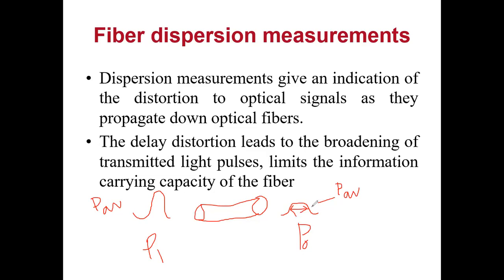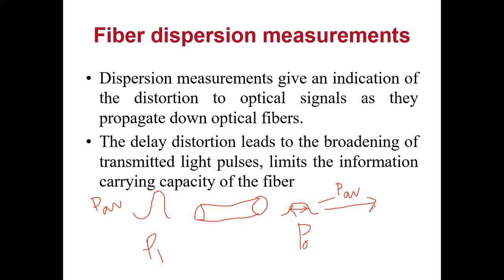Now, if this pulse broadening takes place, it means the shape of the transmitted pulse has changed, so there are chances of overlapping of adjacent pulses. This dispersion or pulse spreading will increase with length. ISI will be present in the digital pulse stream, and my information will not be correct.